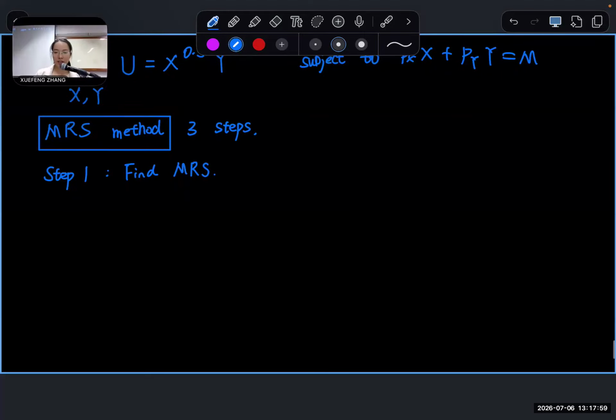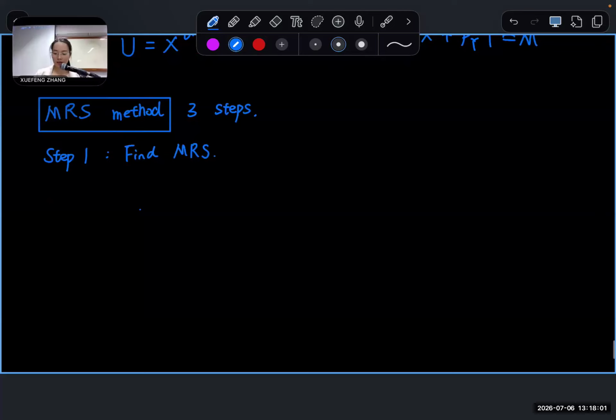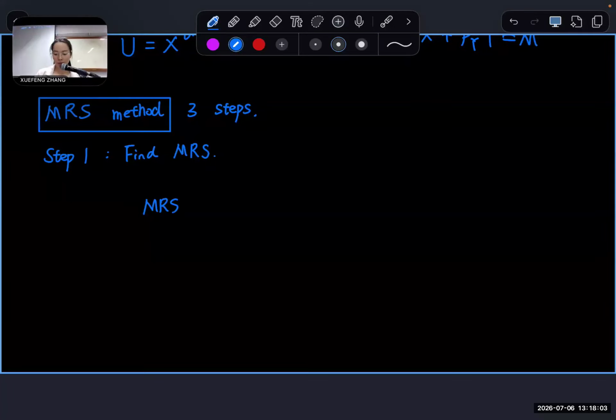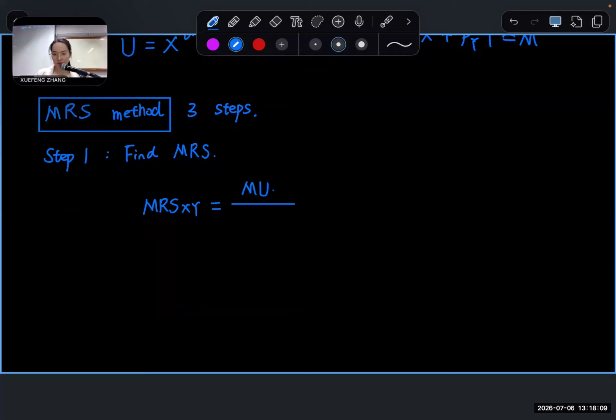Marginal rate of substitution. Here is the MRS of X to Y. So we have the marginal utility you get from X and also the marginal utility you get from Y.